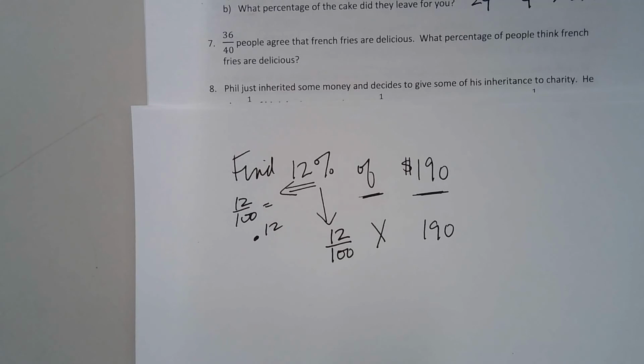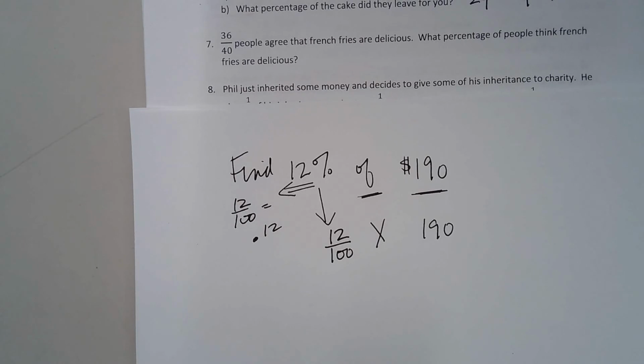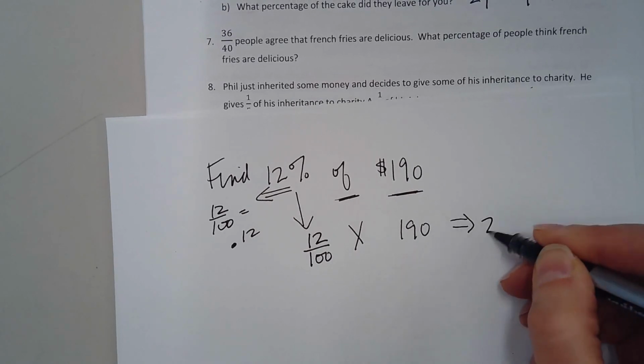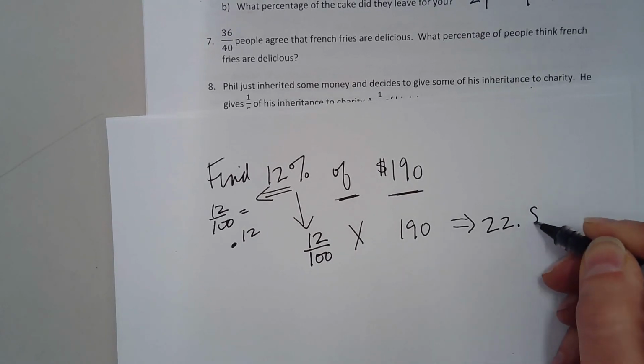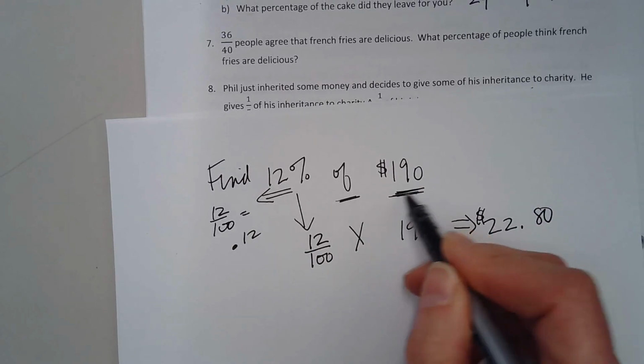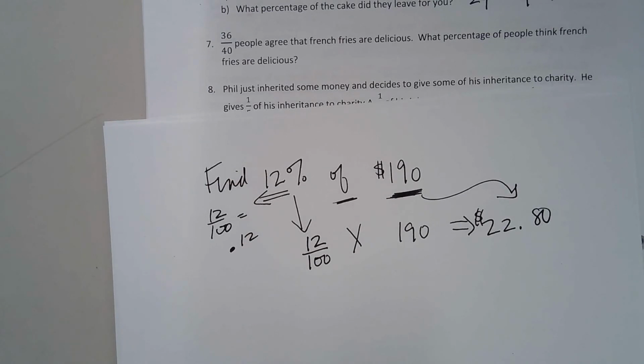So in your calculator, you're just going to go 12 divided by 100 times 190. And you get an answer of $22.80. So if you purchased something for $190 in Manitoba and it was taxable, you'd end up paying $22.80 in additional taxes, right?